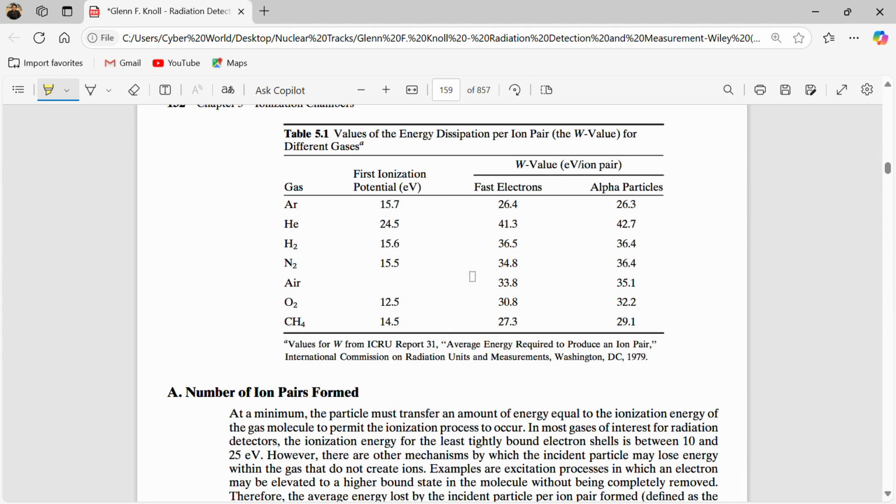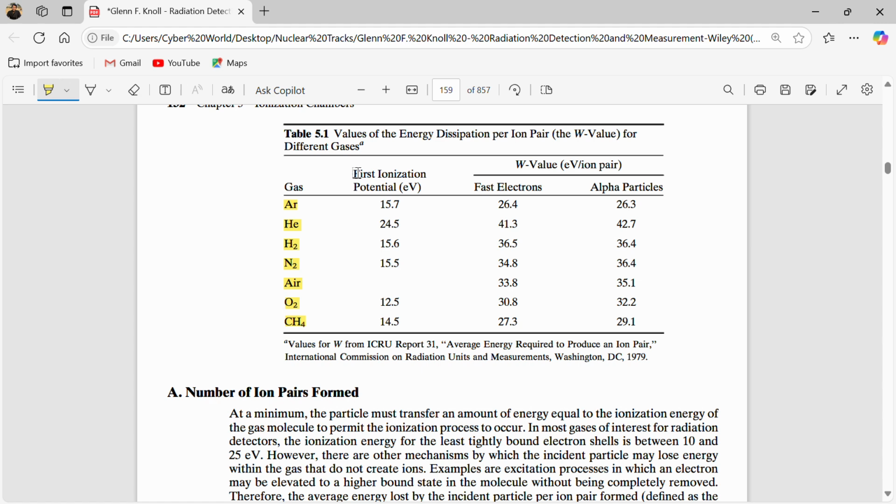This is the table of values of the energy dissipation of ion pairs produced after the interaction for different gases. These gases are argon, helium, hydrogen, and nitrogen. Air is also a gas, a mixture of nitrogen and oxygen. Then oxygen gas and methane gas.